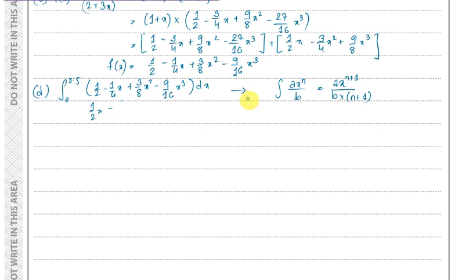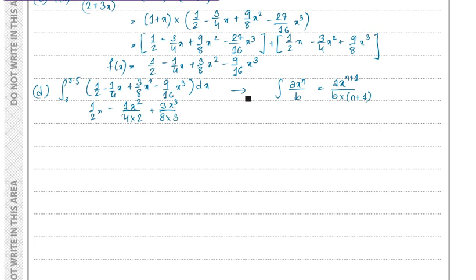Minus 1 by 4, this is x squared, right? If I just write the a and b here, so this is 1 by 4, x to the power 1 would become 1 plus 1 is 2, multiplied by 2. Plus 3 by 8 x to the power 2, which will become x to the power 3, 2 plus 1 is 3, multiplied by 3.